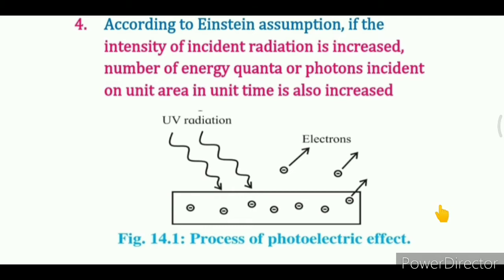When incident radiation of suitable frequency is incident on the metal, the electron absorbs all of its energy, and after that the electron is emitted from the surface.